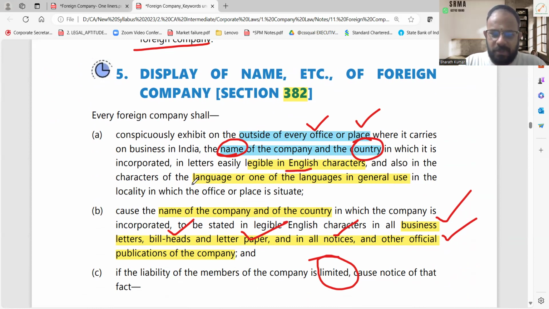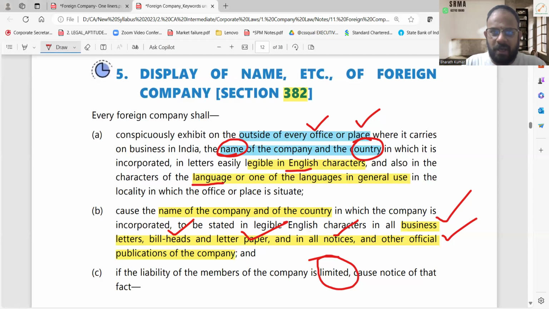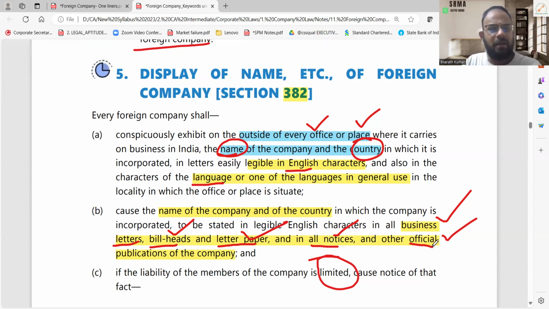Will you do it in other languages? Yes. You will also give these in business letters, bill heads, letterheads, letter paper, any notice, any official notification. Please write down this whenever I cover this class, it will be very helpful for you.